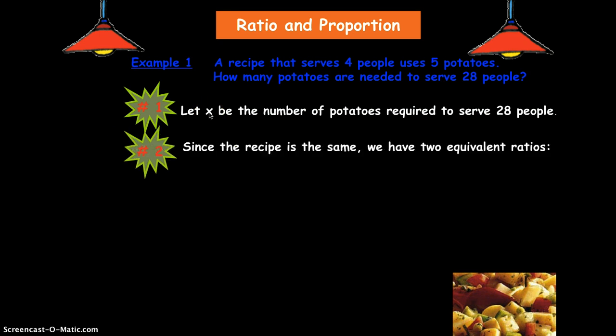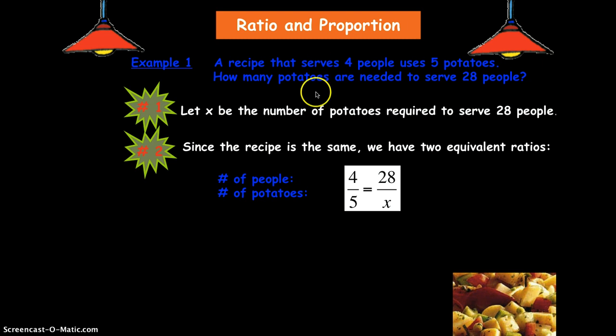Number 2 step, since the recipe is the same, we have two equivalent ratios. I'm writing the ratio by number of people to the number of potatoes. We know that there are 4 people, and for 4 people we use 5 potatoes. Now, equal, remember 4 is the number of people, and then it became 28, so you're writing it across, 28 equal to x, here's your number of potatoes.